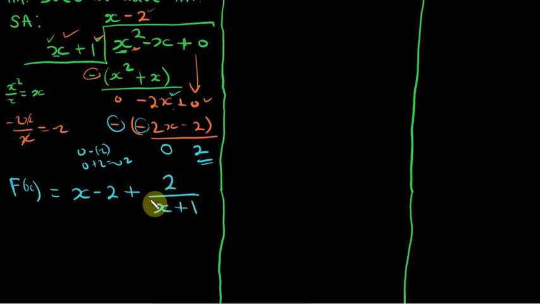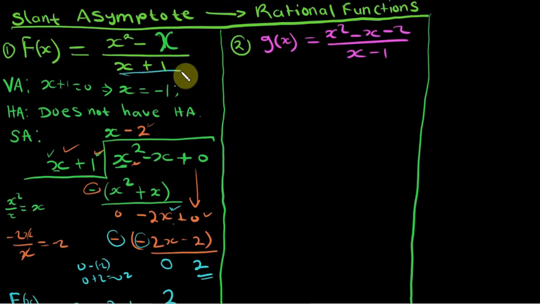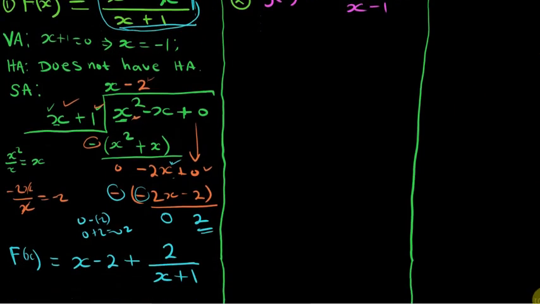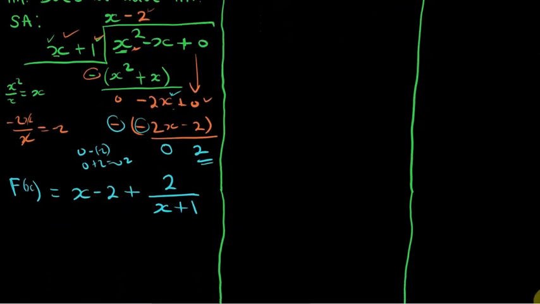If you add this out, it will give you exactly the original function. So what did we do? Using long division, we brought that down.